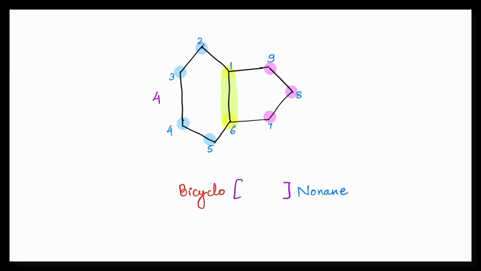So we write these numbers inside this square bracket, but in a decreasing order. So we will say 4.3.0. And the name of the compound thus becomes bicyclo-4.3.0-nonane.